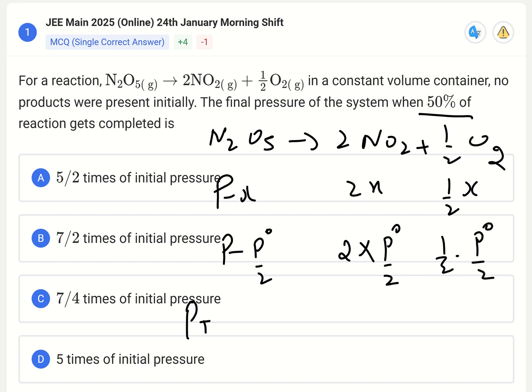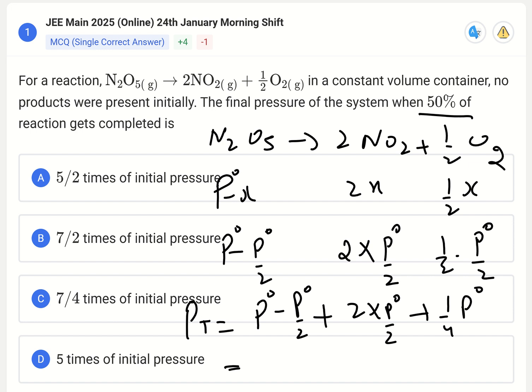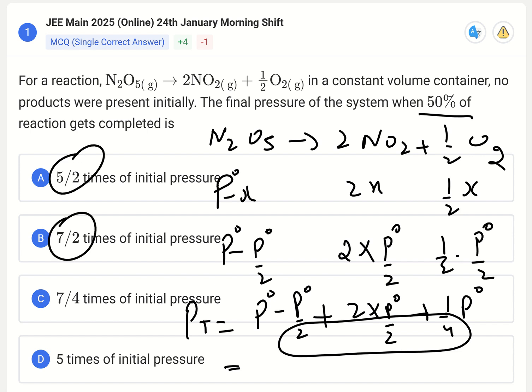So PT will be equal to P naught minus P naught by 2 plus 2 into P naught by 2 plus 1 by 4 into P naught. If you notice, there is no need to solve this calculation. If you solve the denominators only, then the LCM would be 4, so 5 by 2, 7 by 2, 7 by 4, 4. Means C is our correct option.